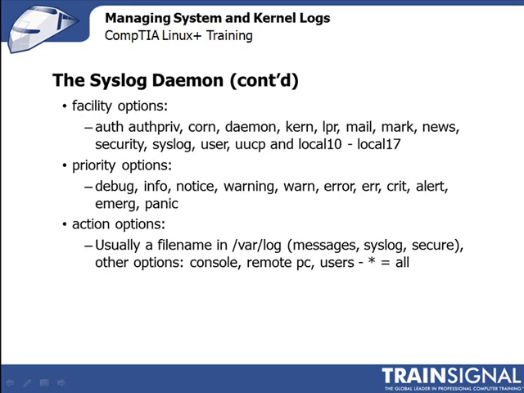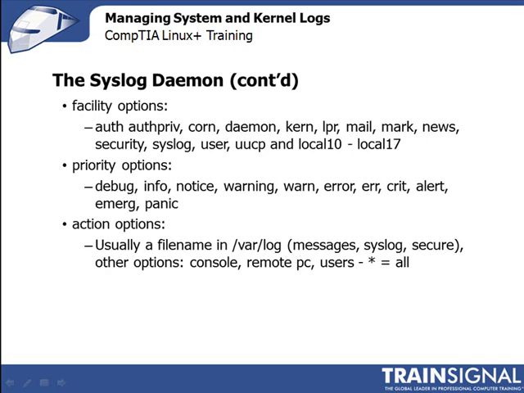Now some of these are easy to recognize, like lpr for printer, mail for mail, then you have syslog, but the rest of them might look a little unusual, and most of these are just servers or programs. Now daemon is often used when a program doesn't have a specific code.